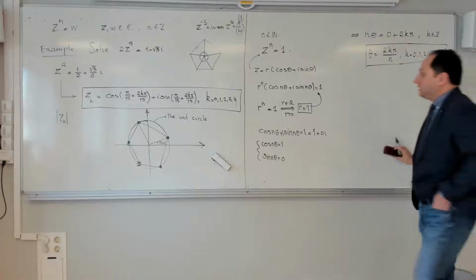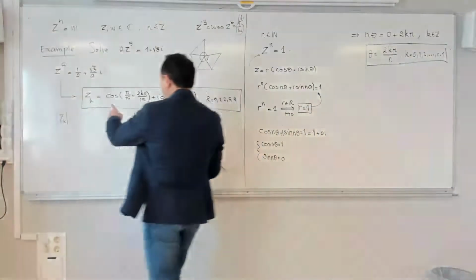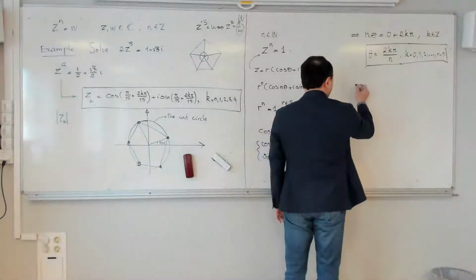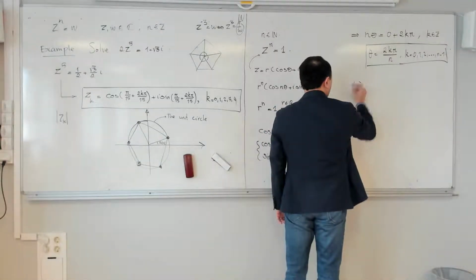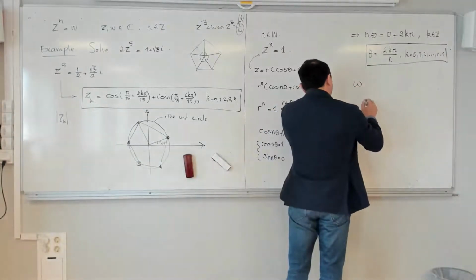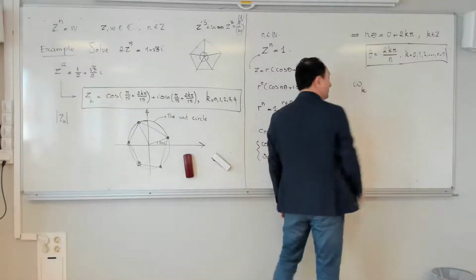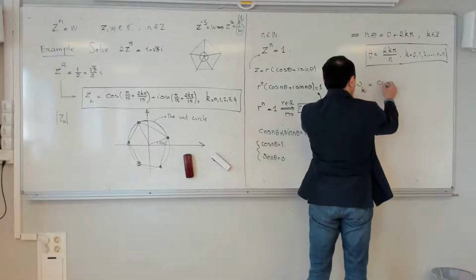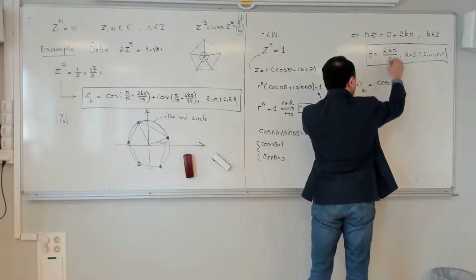And then let me write these roots. In the complex numbers context, it is common to call it omega k. So when we say omega k, it means this is cosine, then I put this angle inside.